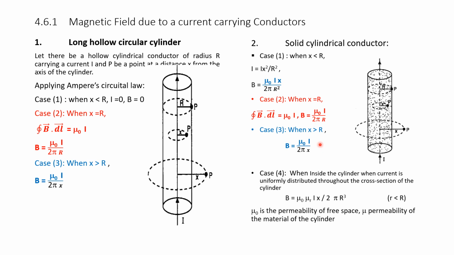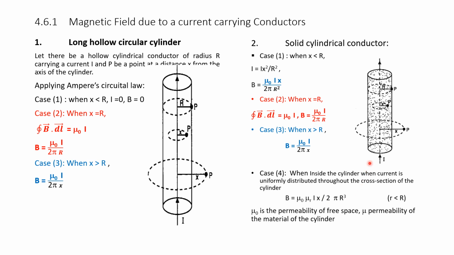Case number 4. Inside the cylinder, the current is uniformly distributed throughout the cross section. That is, the current density does not change from the center to the outside.